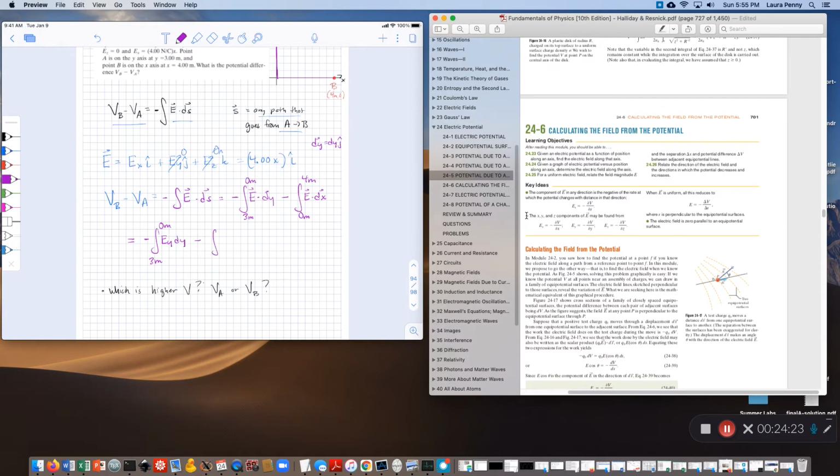And similarly here, dx is a vector, the non-vector magnitude dx times i hat. So I need E sub x dx from 0 meters to 4 meters.